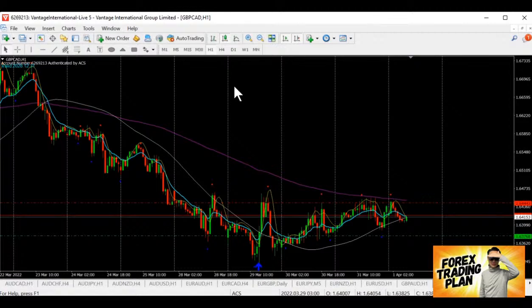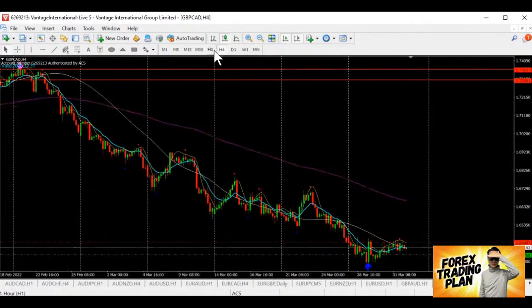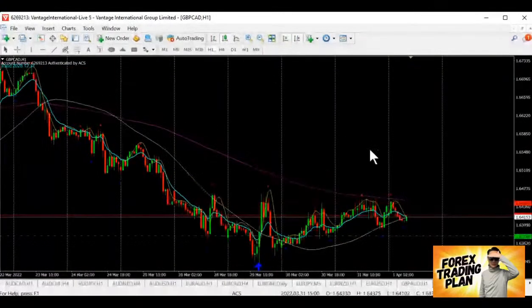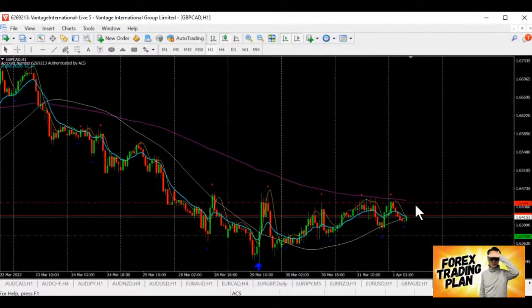So Pound CAD, I would say that we will still have a chance to sell, but we need to wait for it to test the resistance before breaking. If it starts to form down upon testing without breaking, then we start to do the selling.